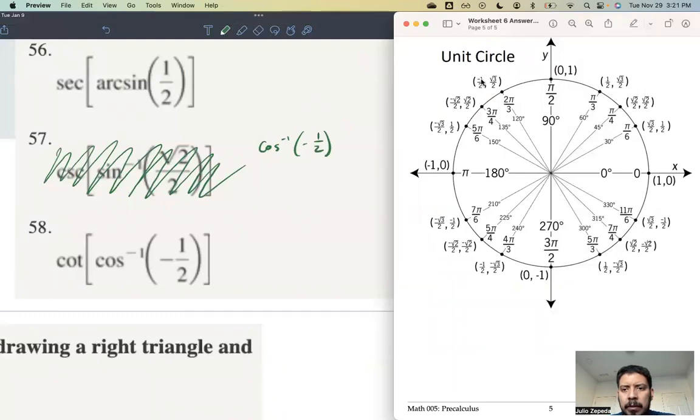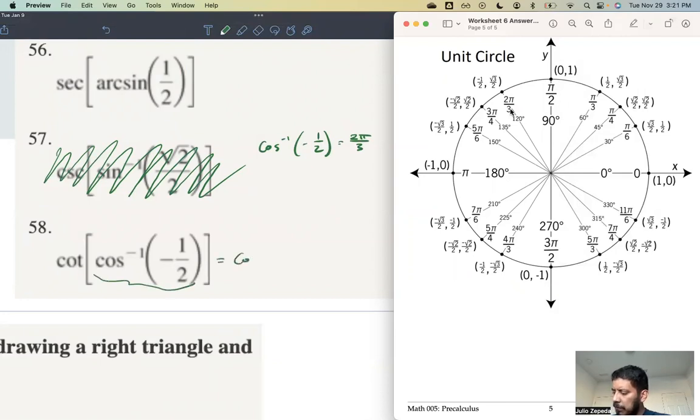And it's this one here. So what's the angle there? That is 2 pi over 3. And so we can replace this cosine inverse of negative 1/2 by 2 pi over 3.